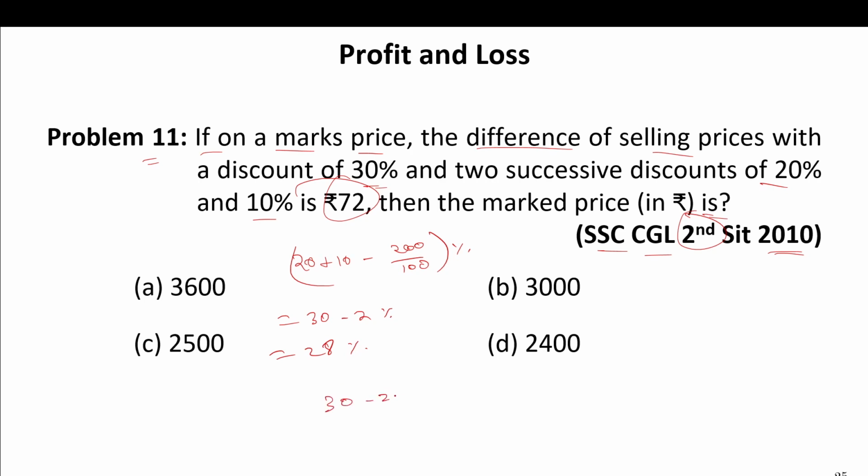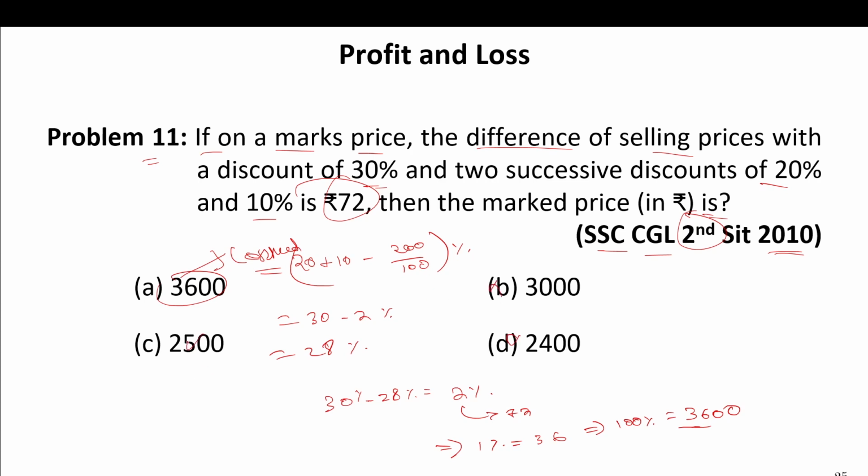So 30 minus 28% is equal to what? 2%. Okay. So given that this percentage difference between these two is equal to 72 rupees, so 2% is equal to 72. So this implies that 1% is equal to what? 36. So this implies that 100% is equal to 3600. Okay. So 3600, that is option number A, will be the correct one.